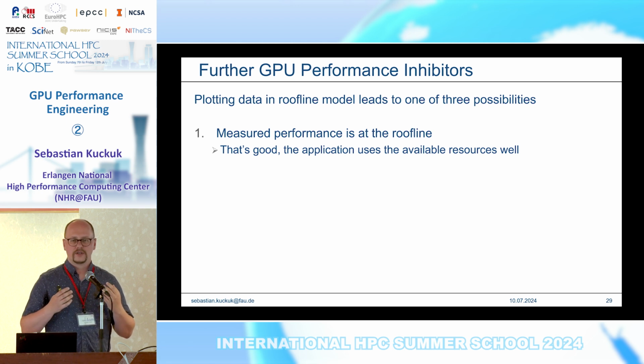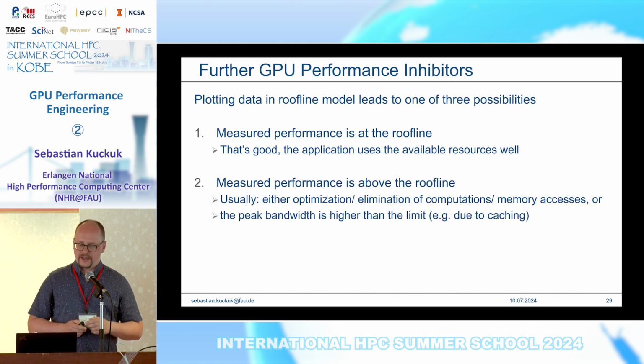If you're bound by main memory bandwidth, maybe you can find a way to transfer less data, for instance, by combining two kernels that write a result and just read it back in the next, and so on. And again, this is good because this gives you a hint that you're already at the limit of your hardware.